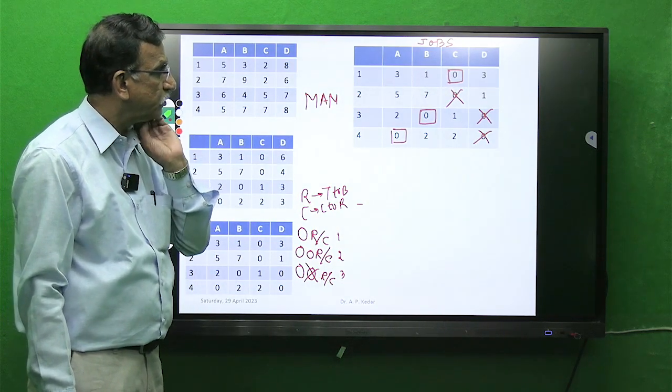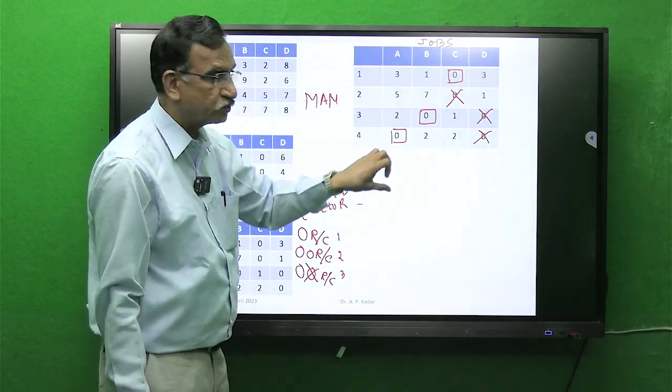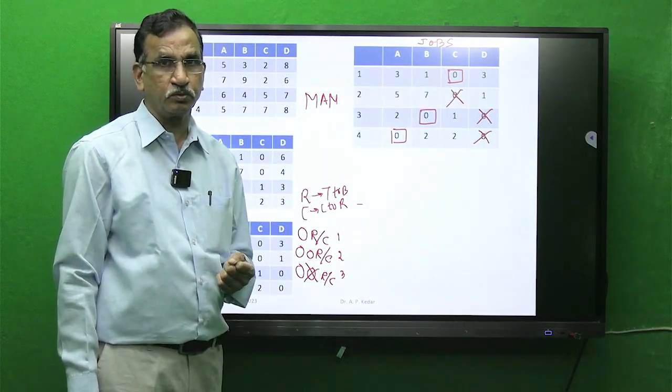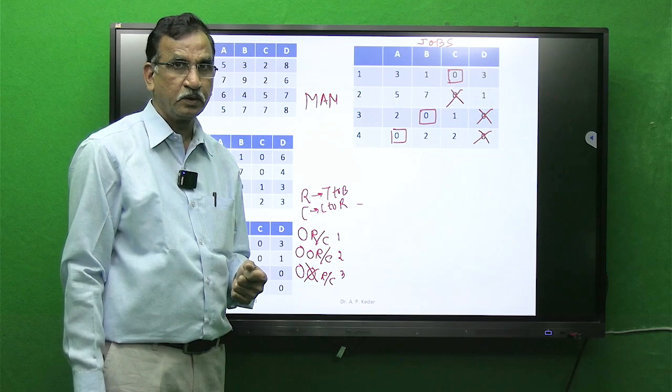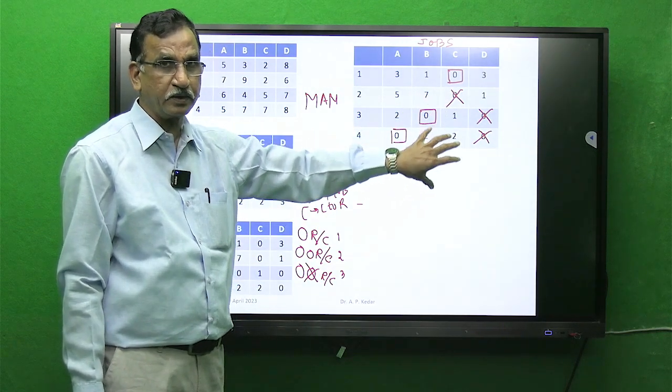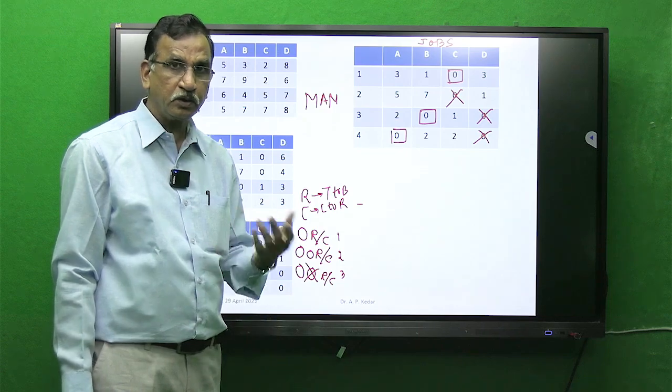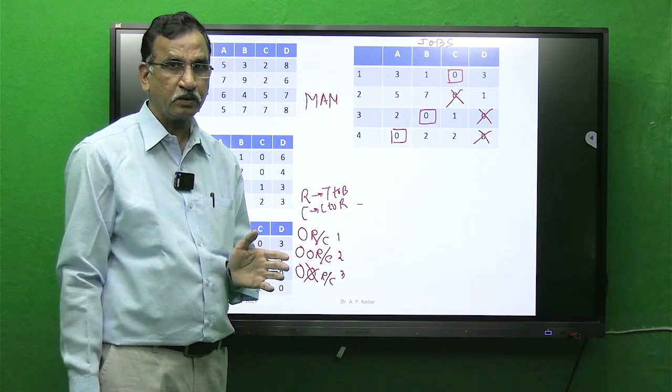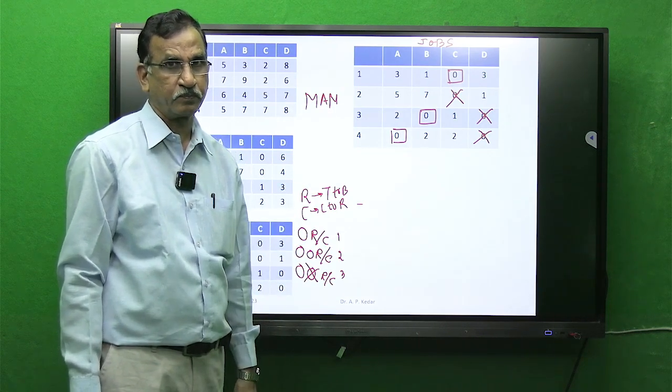Very important step. Now what you have to do? Check. After this you have to check, is there any zero still remaining in this assigned matrix, either uncut or non-assigned?